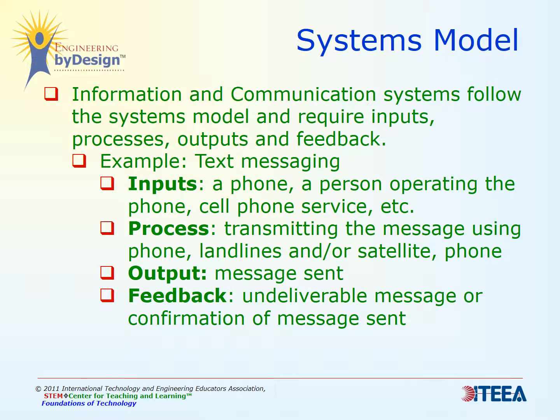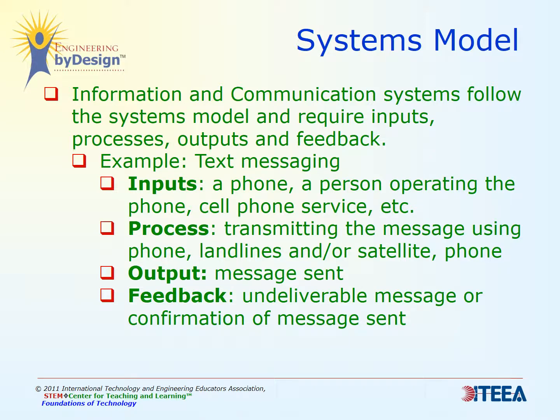Inputs: we're going to have a phone, a person operating the phone. We need cell phone service, something dealing with that phone being in operation. Now, process: we're going to transmit a message using a phone.